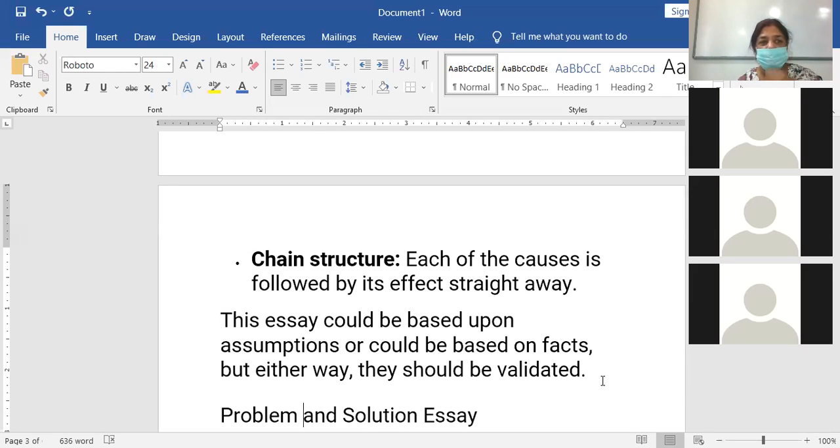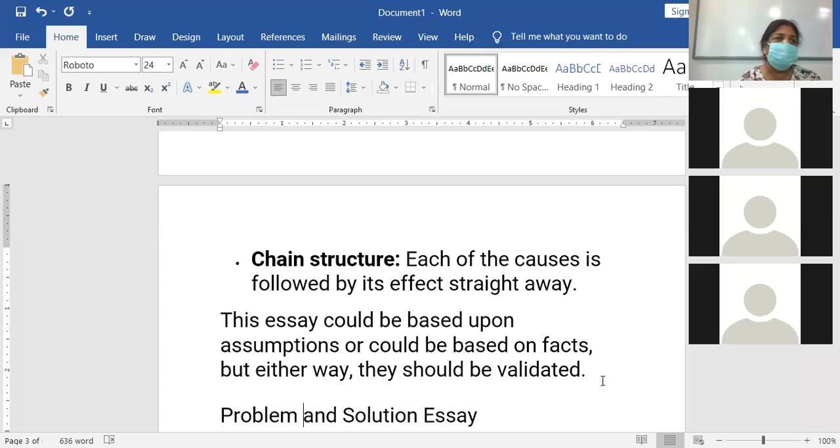In the block structure, all the causes are listed first and then all the effects afterwards. And in the chain structure, there is one cause, one effect, then the next cause, then effect, like question, answer, question, answer. This essay could be based upon assumption or on facts.